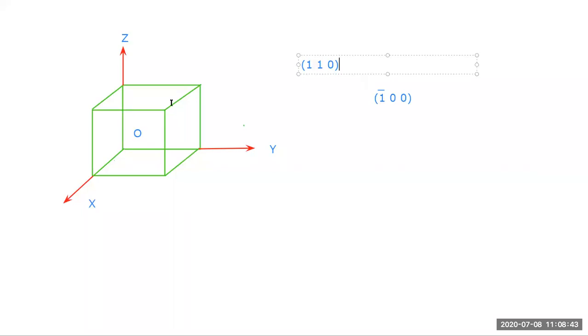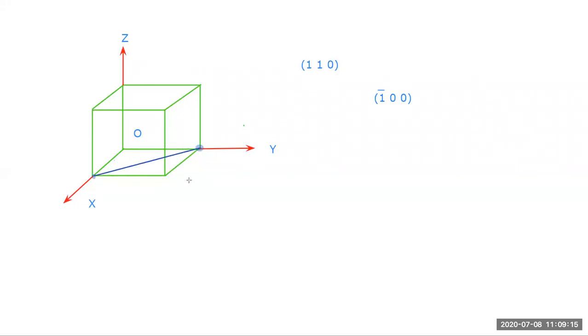One in x direction is this point, and another 1 point. In y direction also 1 is there, and z direction is 0. So you have to join these 2 points with this line.